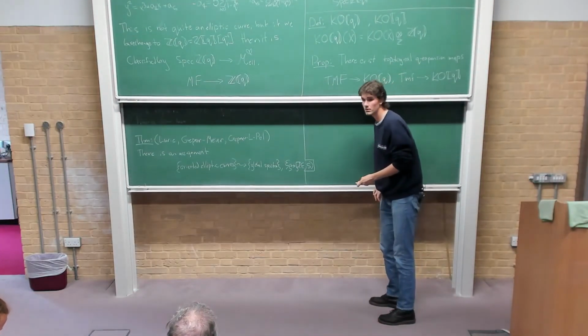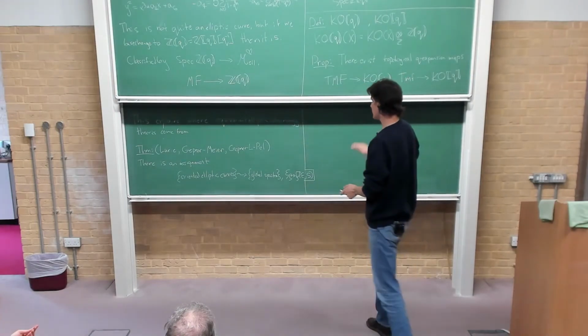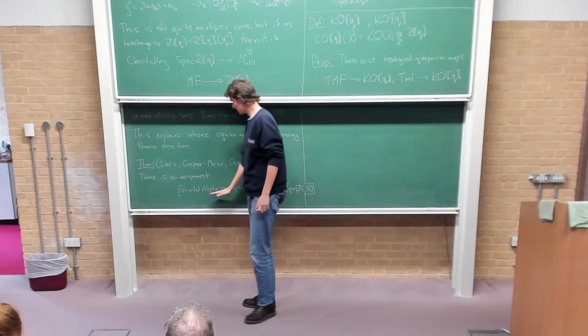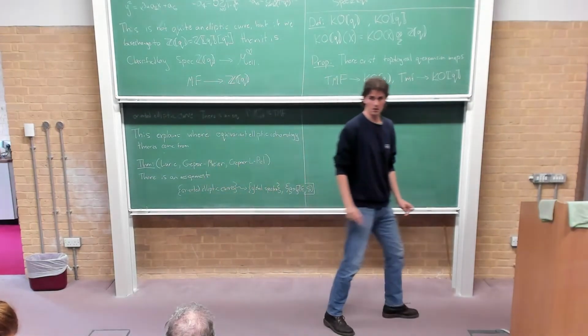What does it factor through? And there's a functor. Let's say it's a functor from elliptic curves and base change of curves.